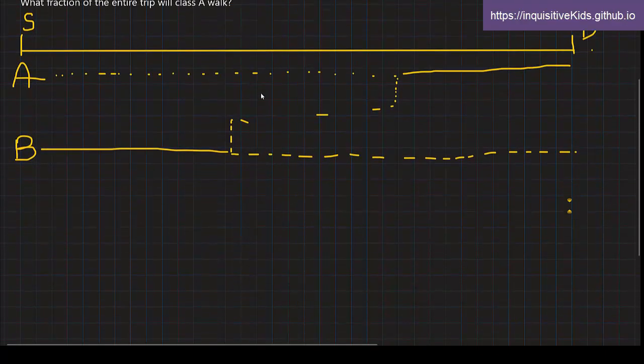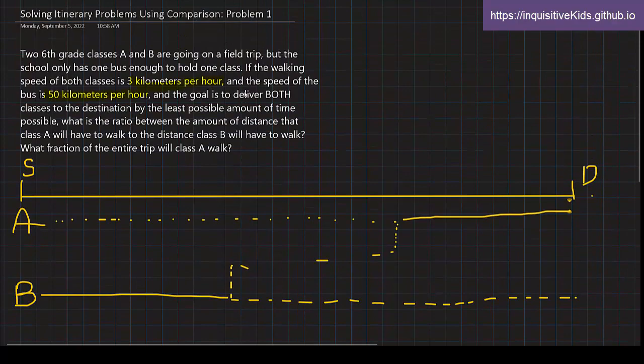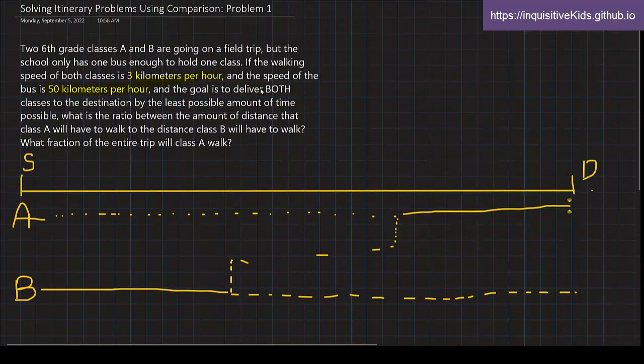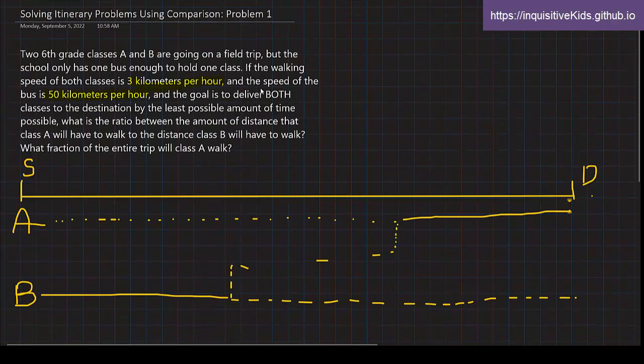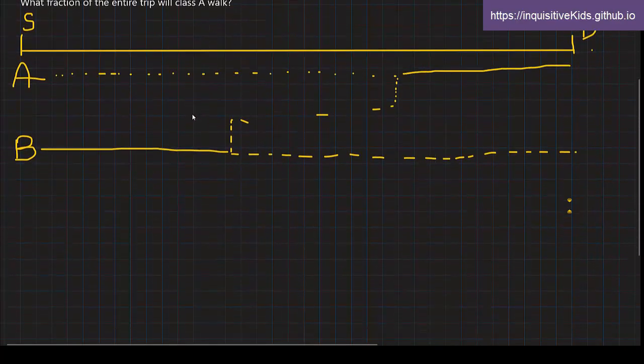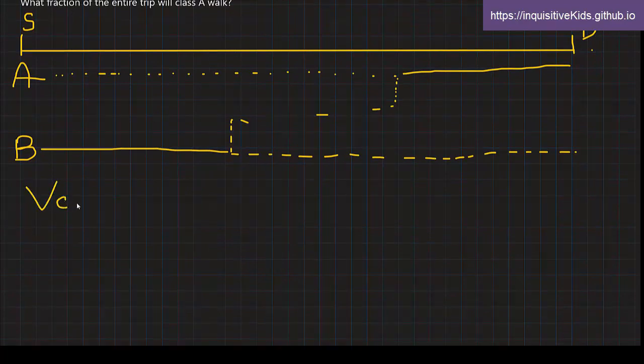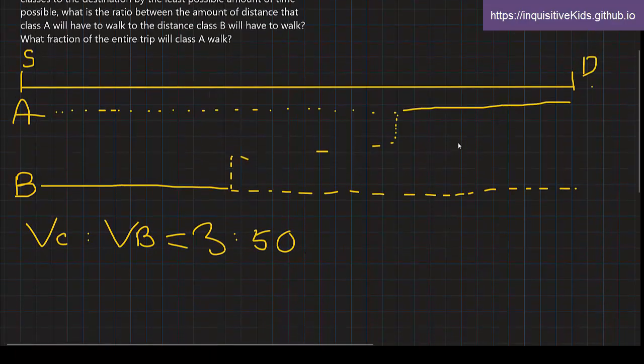Our second step is to find the comparisons, to take the ratios. Because we have two speeds, 3 kilometers per hour and 50 kilometers per hour, we only have to make one ratio between them. So the velocity of the classes to the velocity of the bus is equal to 3 to 50. So let's say that the distance that class A and B both walked is 3 units.